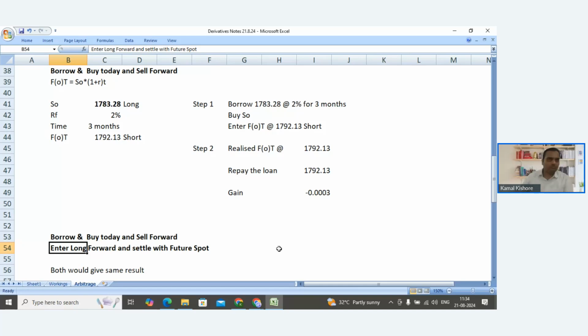Long forward: I'm entering into a forward contract to buy in the future and I will sell it in the spot market in the future. So what will happen if I'm entering into the long forward contract? Let's say the long forward is 1792.13 and the future spot is also expected to be 1792.13 based on the time value of money. So this will also give the same result. Both would give the same result.